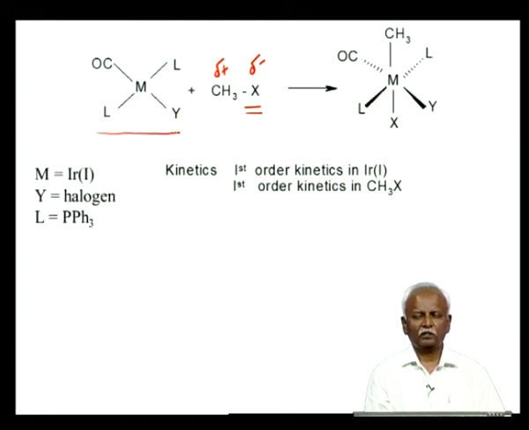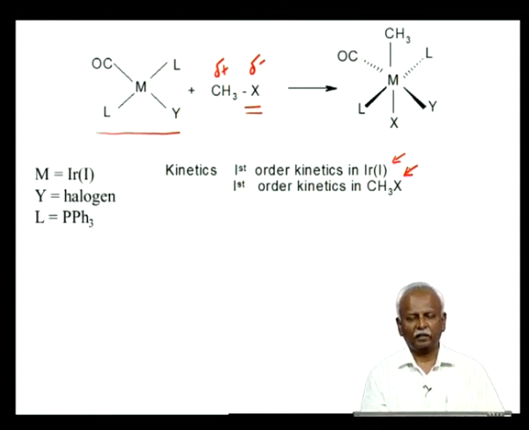So, what are some features of these molecules that we would like to consider that has been studied? The first thing that I would like to discuss is the kinetics. When you do a kinetic study of this reaction of methyl halide with Vaska's complex, it turns out that they are first order in both iridium and first order in methyl halide.